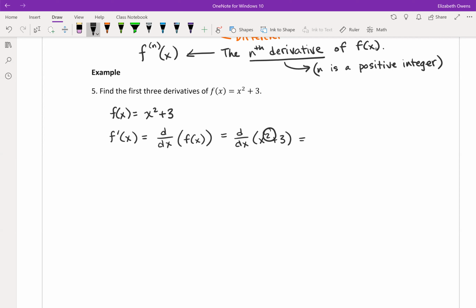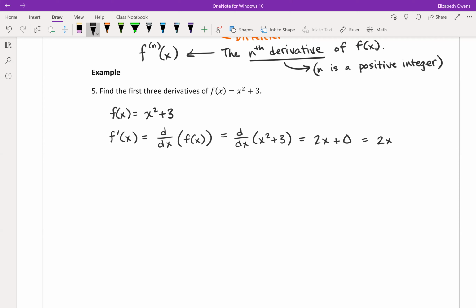We're going to bring that 2 down from the exponent, bring it out front as a coefficient. And then we'd have 2x to the 2 minus 1, which would be first power, so 2x. And then plus the derivative of that constant, 3, which has a derivative of 0. And so we just end up getting 2x.